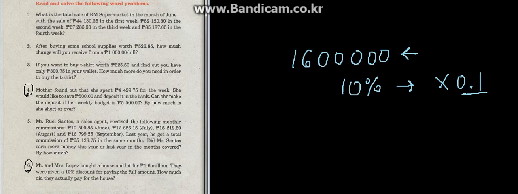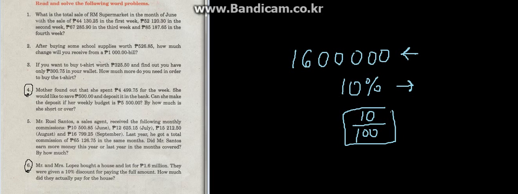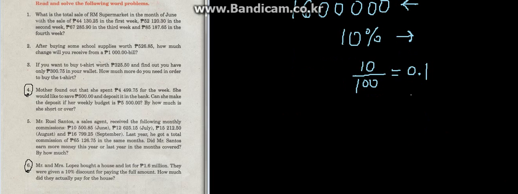Let me explain why. 10% means 10 over 100. So 10 over 100 is basically 1/10, right? So you have to multiply the original price of the house by this discount.